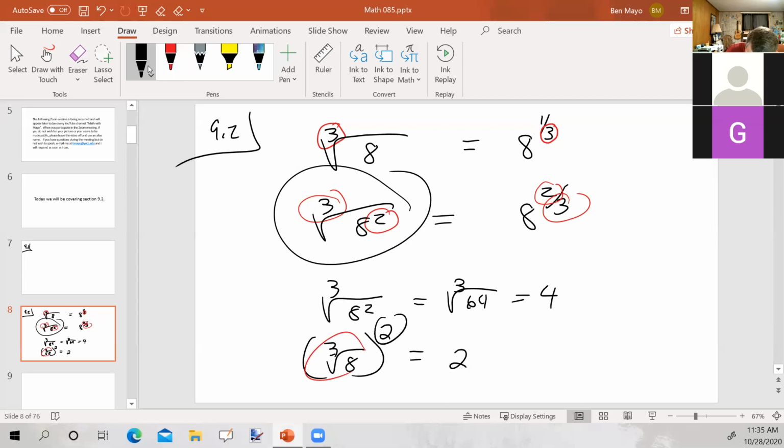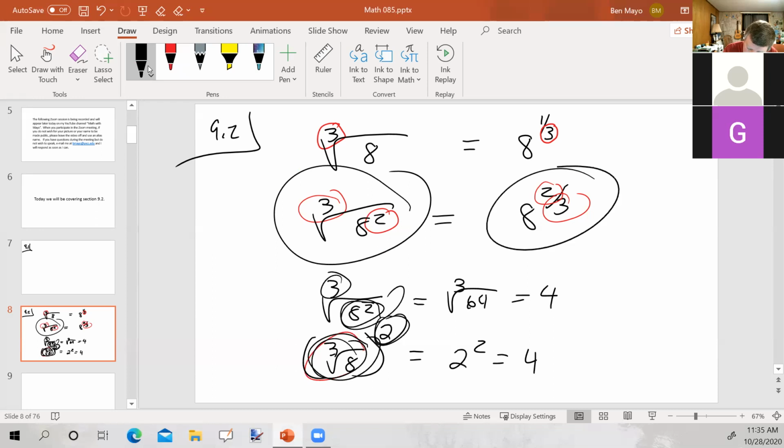So this would be 2 squared, which is 4. So in this case, we could do the exponent and then the root, or the root and then the exponent. As long as they're both real, we can do them in either order. Typically, it's easier to take the root first and tear something down and then build it up rather than build it up and then tear it down.